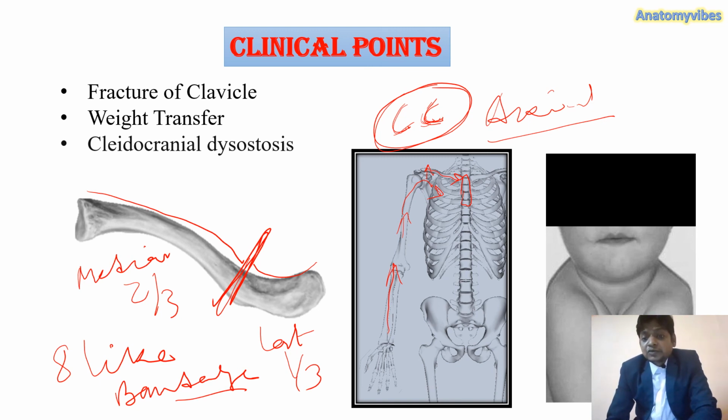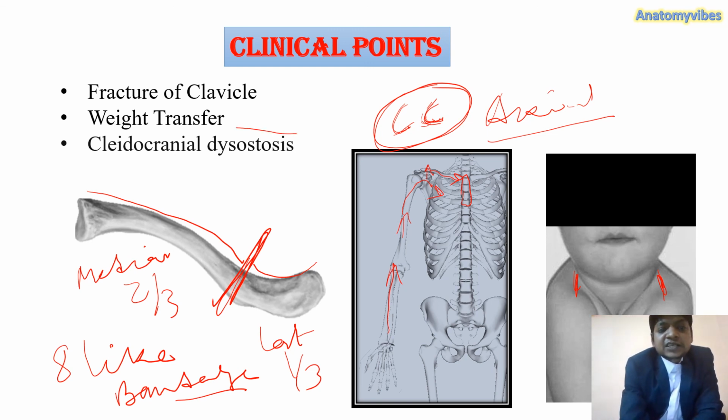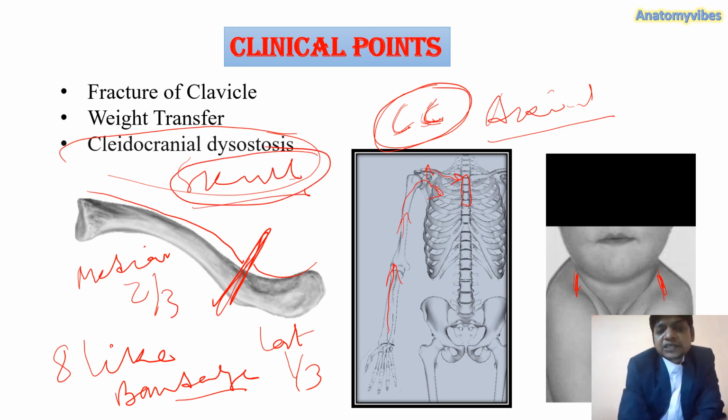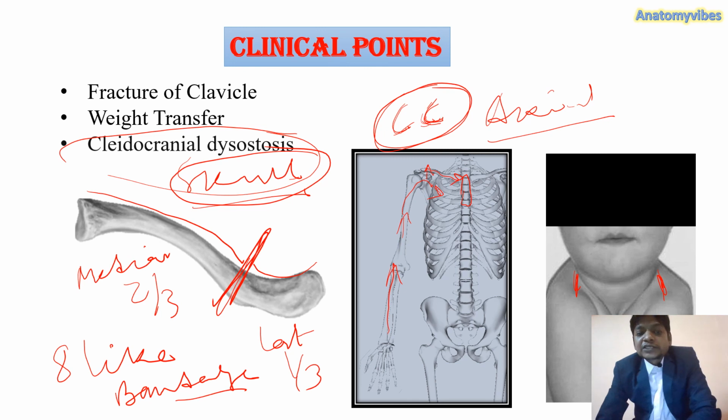In this picture you can see the child having ill-developed clavicle or absent clavicle, and in this condition some of the skull bones can also be absent or partially present, because most of the skull bone ossifies in membrane. So this is very important condition to remember, and it is developmentally present sometimes if membranous ossification is defective.